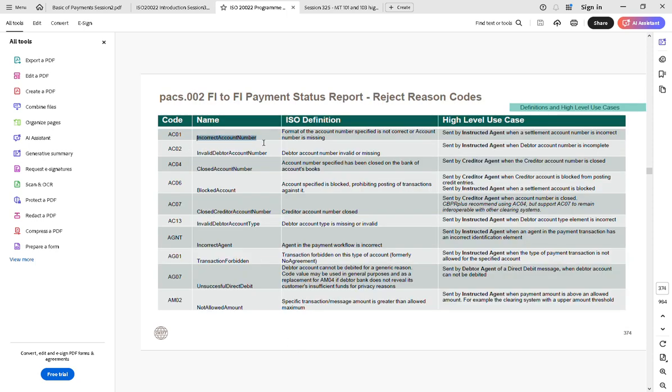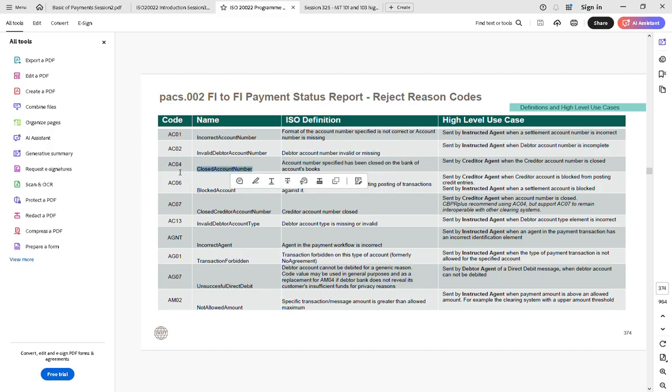Incorrect account number: the PACS.008 contains an incorrect account number, or the format of the account number specified is not correct by the instructing agent or statement account number. Format is not correct, one reason. Second is AC02, invalid debit account number: debit account number missing or invalid.